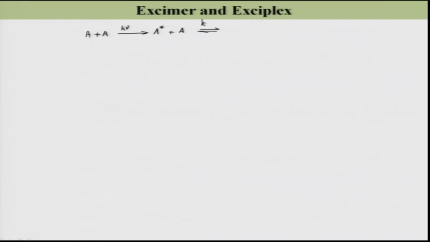So, I will write this rate constant as k excimer formation, and k excimer dissociation, k_Ed, which will form A star A, and it has its own radiative rate constant, k_r, and its own k_nr, right. So, with this k_r it will form A plus h nu, and with this k_nr it will form only A, right. So, then you are back to the previous case here, A and A.